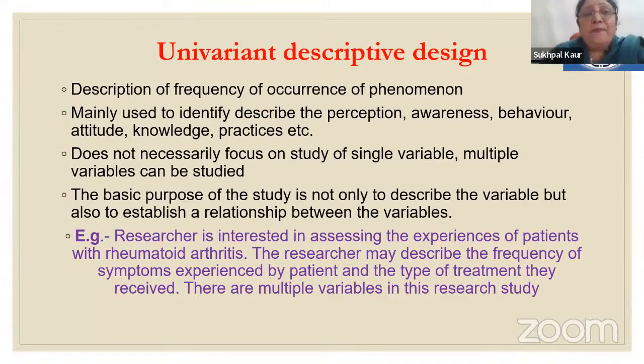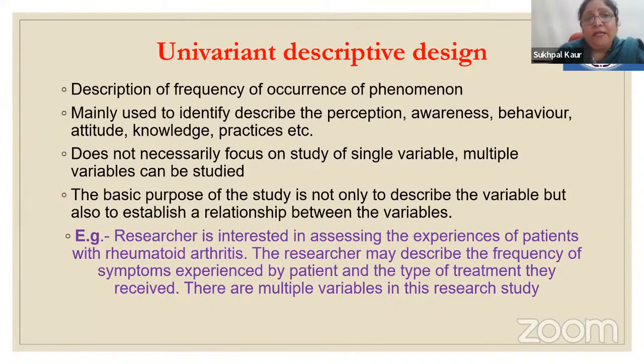So it is primarily used to identify or describe the perception regarding certain things, the awareness of the people regarding certain things. We want to assess the behavior of the people, the attitude of the people, the knowledge regarding a particular thing or the practices, etc. So the phenomena as it is existing, we want to assess in the univariate descriptive design.